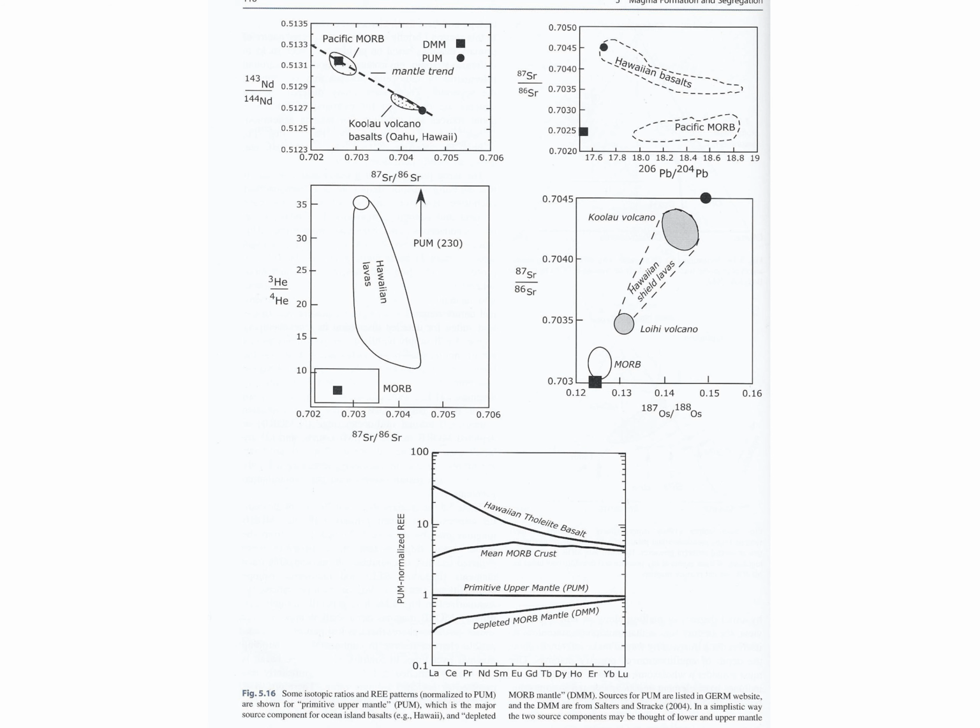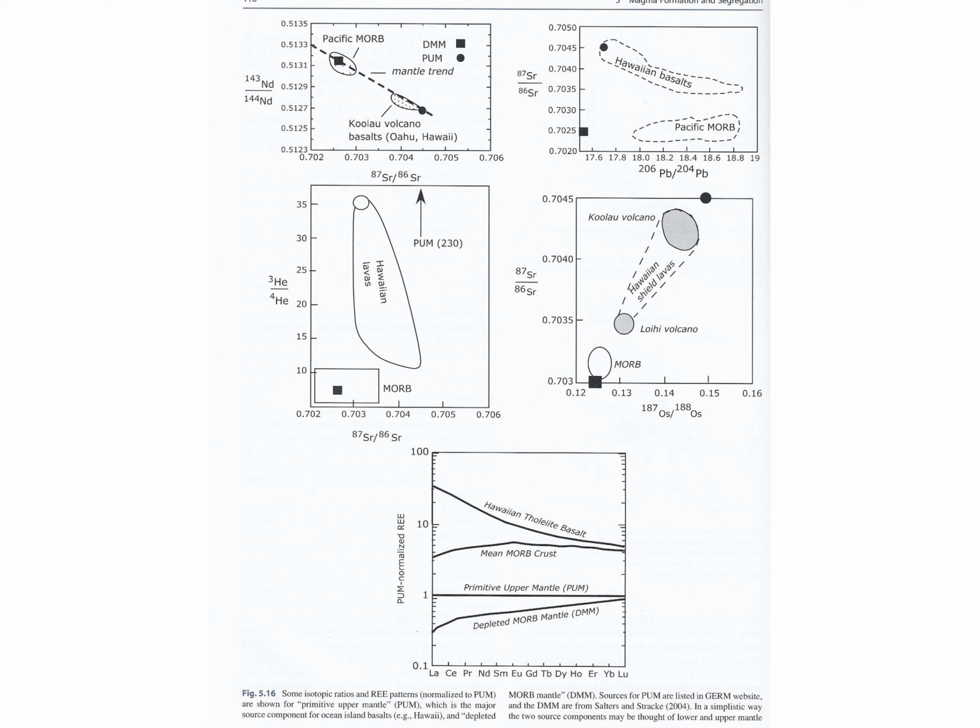Now we are comparing DMM with PUM, and therefore we must know what PUM means compared with DMM. It's written below: some isotopic ratios and rare earth element patterns normalized to PUM are shown for primitive upper mantle.